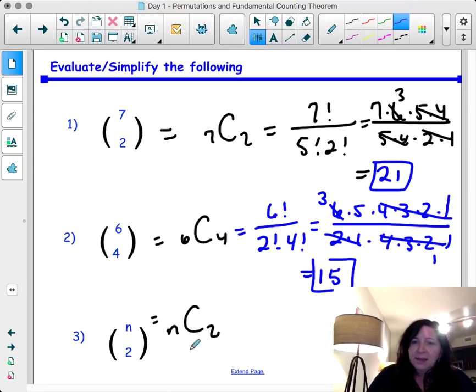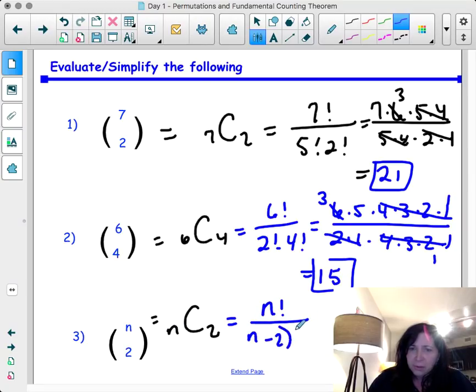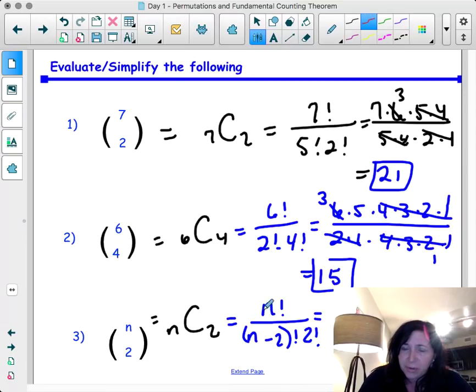15. And lastly, you've got this right here, which is a little bit tricky because you've got n factorial over n minus 2 factorial times 2 factorial. Let me show you how this works. Remember, factorials are just decreasing by 1 each time.